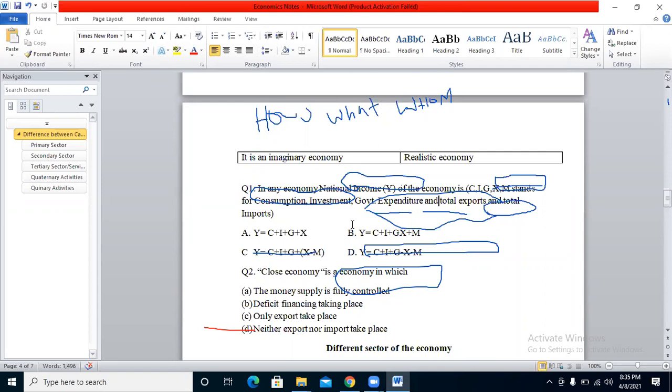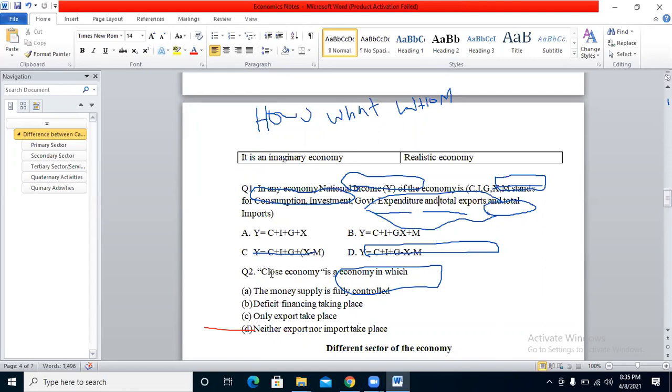So the total economic activity of the country is Y = C + I + G + X - M. This is your economic activity including the country.